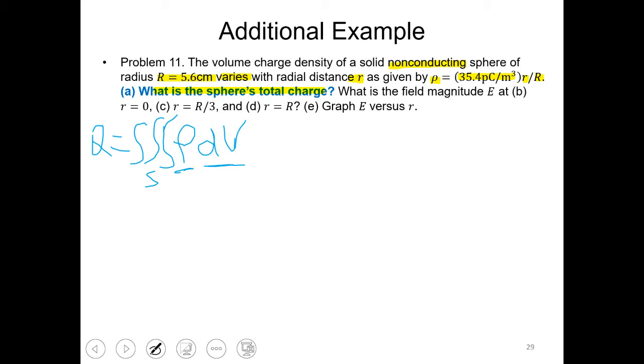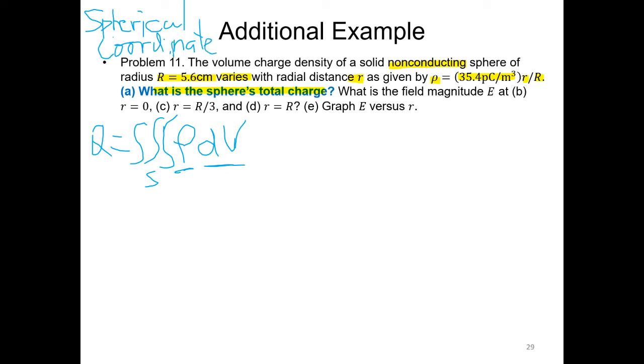And actually, it is a spherical coordinate. You may have learned it in a multivariable calculus class, so I will just show you a bit. So it will be something like this.